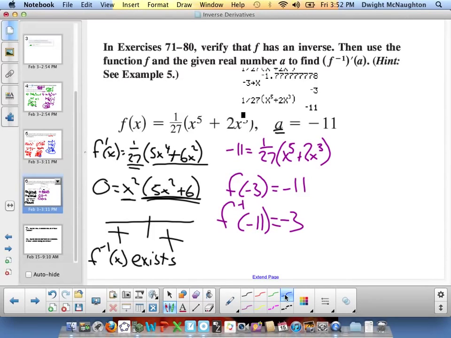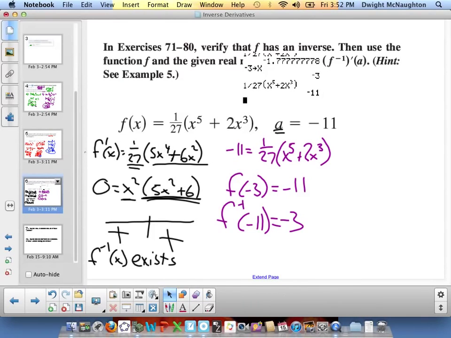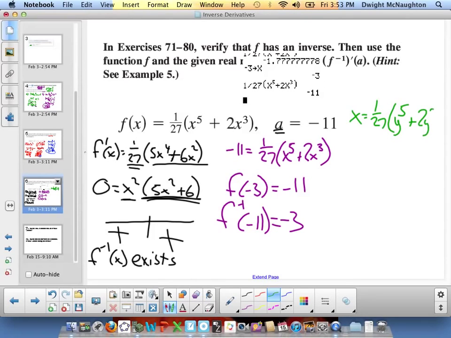Right? And then it's a matter of finding our inverse. We'll switch. So we got x equals 1 over 27, y to the 5th plus 2y cubed. All right, take our derivative. We got 1 equals 1 over 27, 5y to the 4th y prime, plus 6y squared y prime.